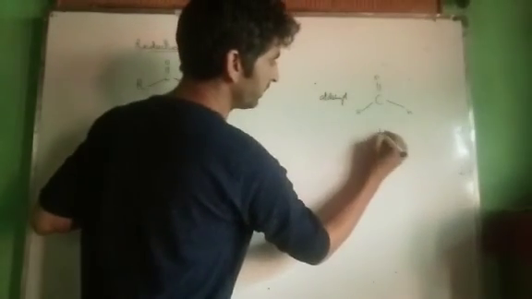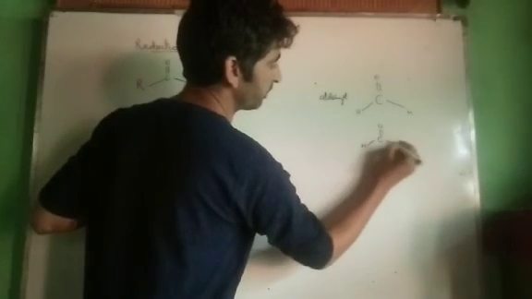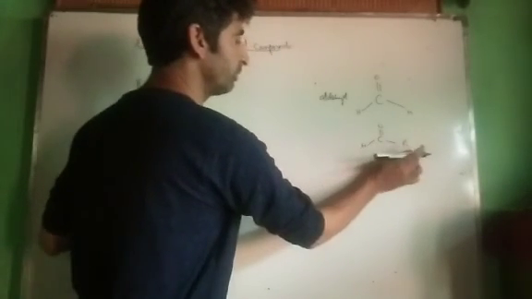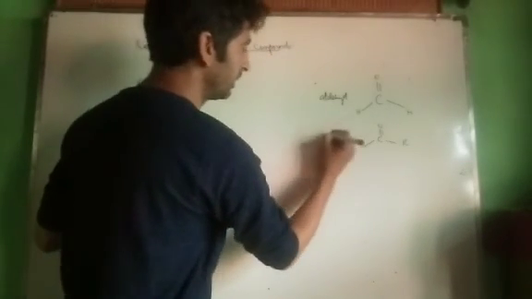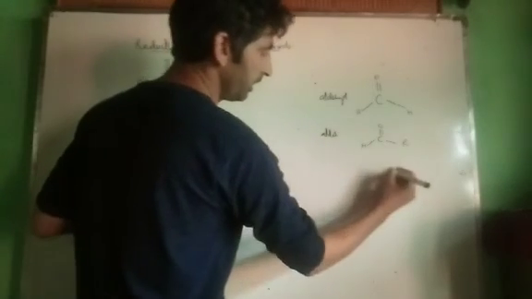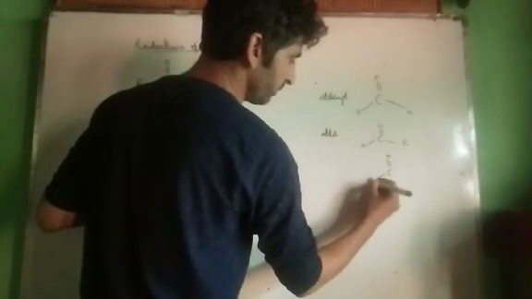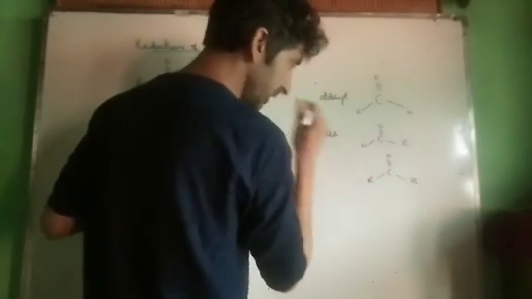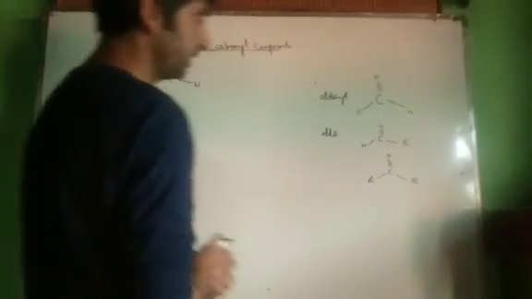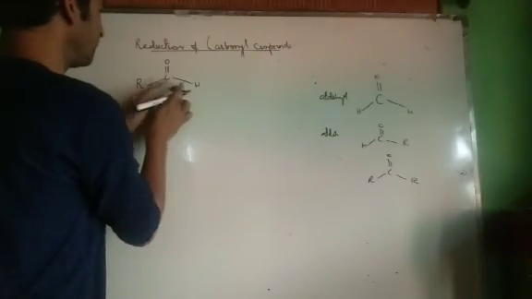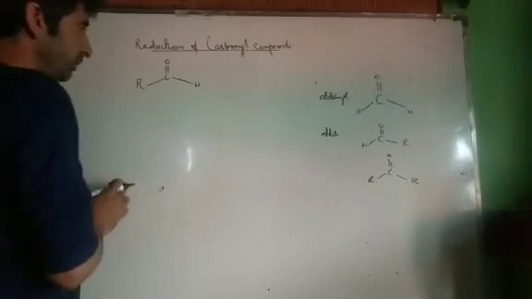Or if only one valency is satisfied by hydrogen and the other by any other group, alkyl group or aryl group, this is also an aldehyde. If both the valencies are satisfied by groups other than hydrogen, then it's a ketone.